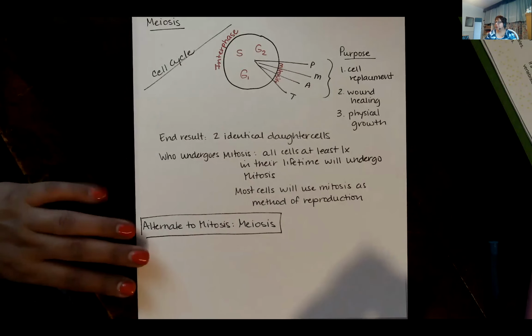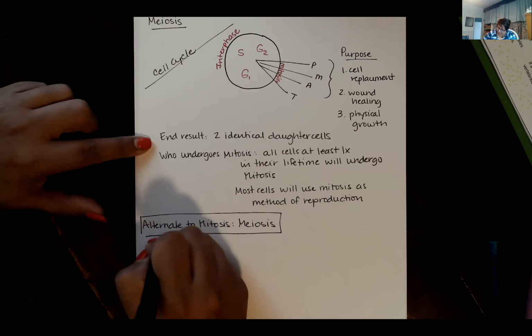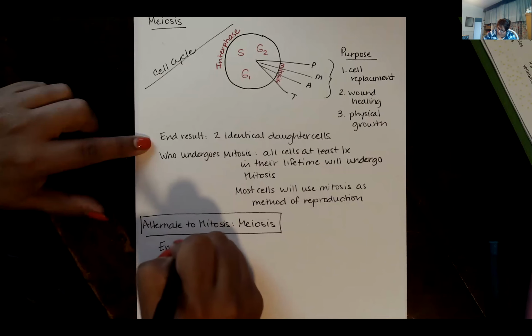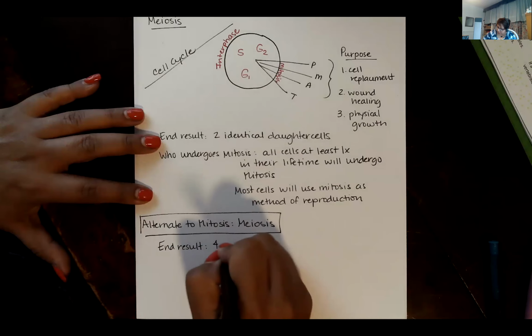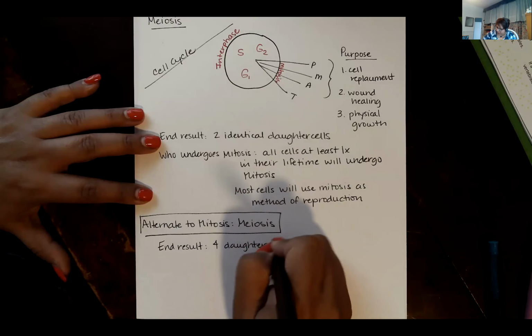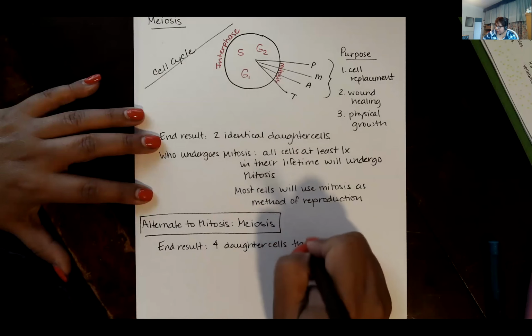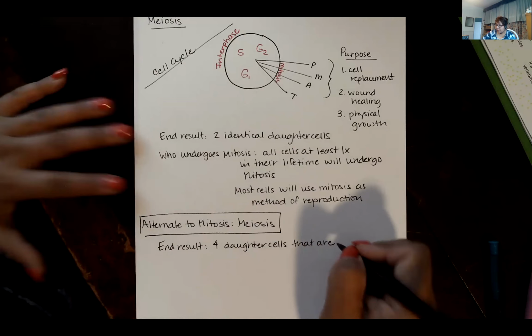The end result is 4 daughter cells that are genetically distinct one from another.